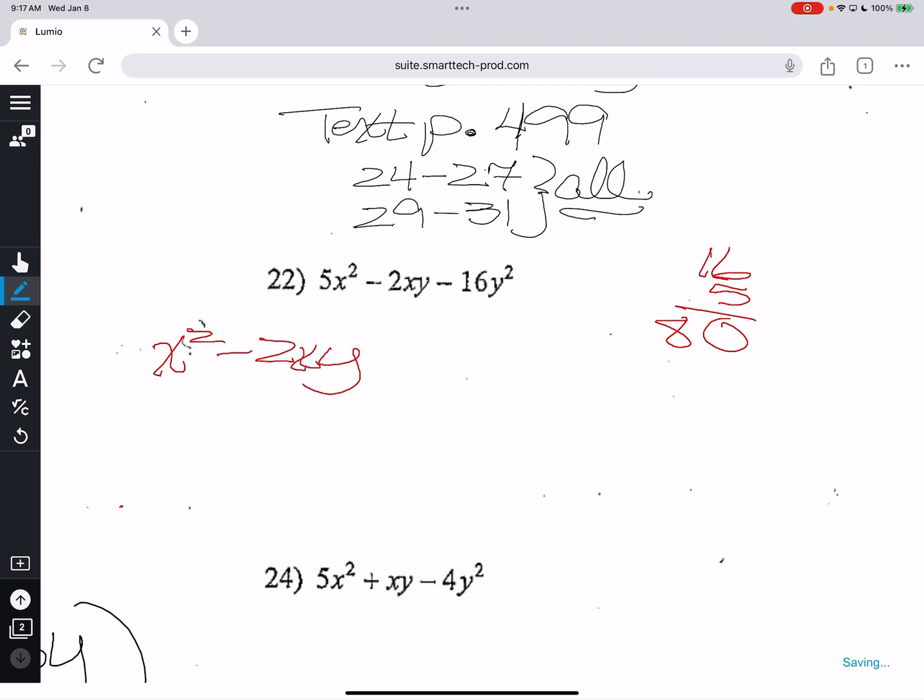Do you just do the normal 16 or do you do the last square? No, we only work with numbers. And you're just looking for factors of 80 that when you subtract, you get 2.